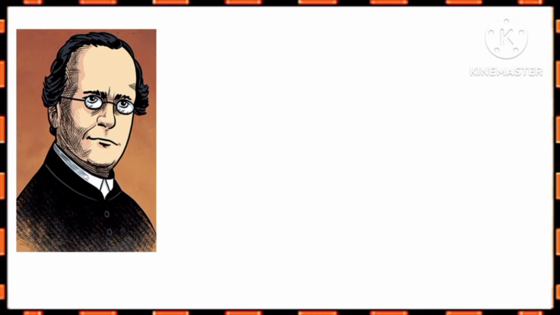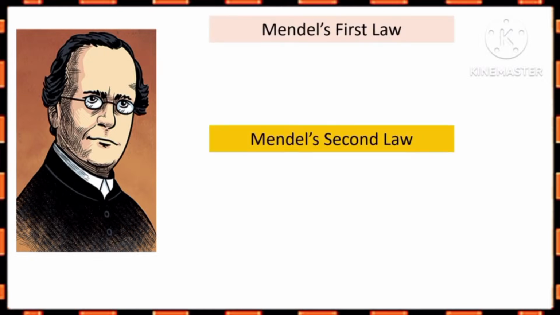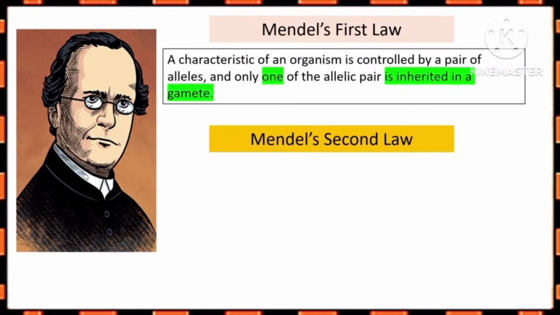In inheritance, students should know about two laws: Mendel's first law and Mendel's second law. What is stated in Mendel's first law? It states that a characteristic of an organism is controlled by a pair of alleles, and only one of the allelic pair is inherited in a gamete, which means each gamete can only carry one allele.